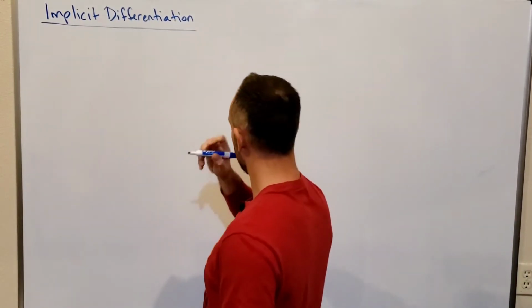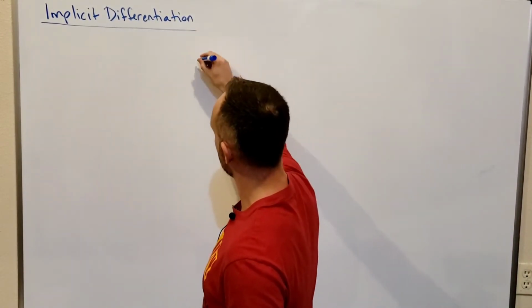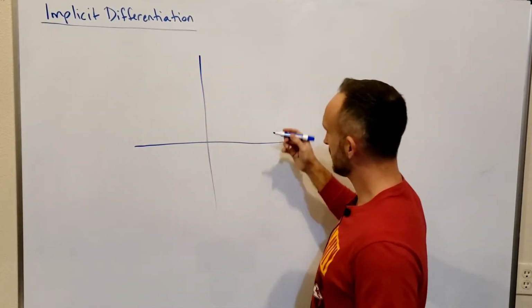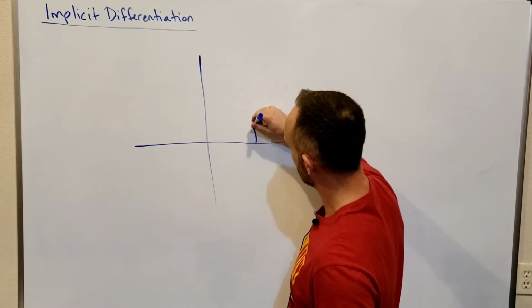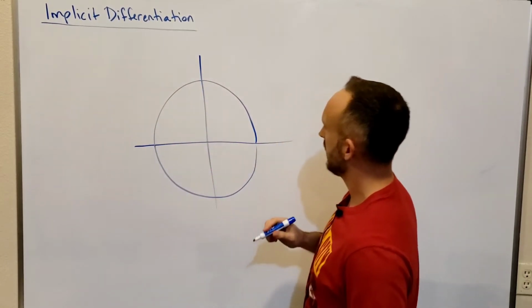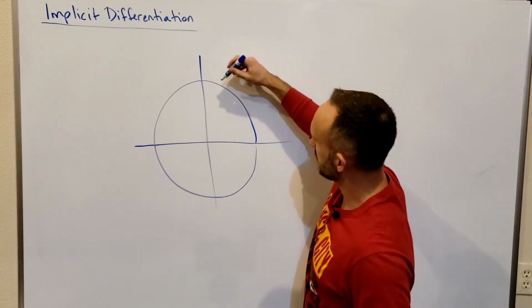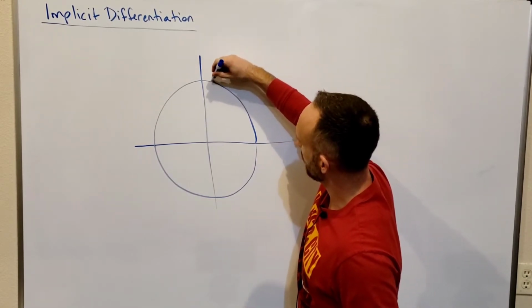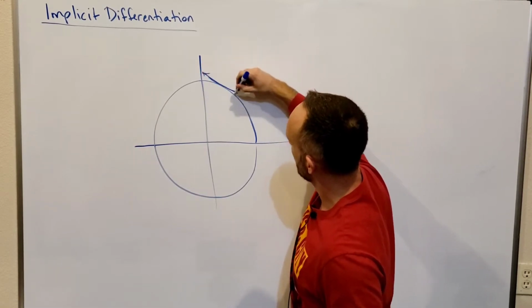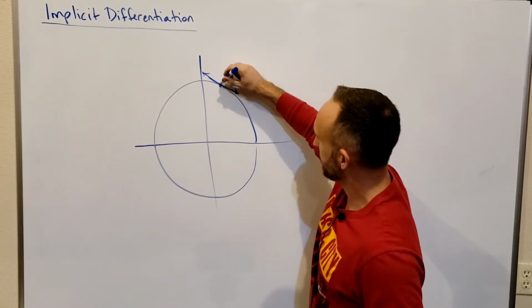So a very good example might be something like this, and we'll come back to it later and how to do it. But let's say, for example, we have a circle in the plane like this, okay? And we would want to know the slope of the tangent line right here on this curve, at this point on this curve.